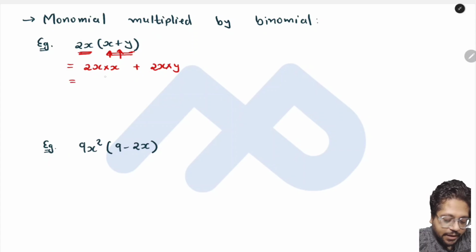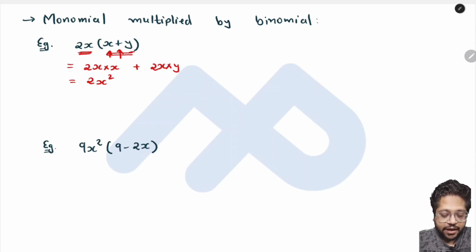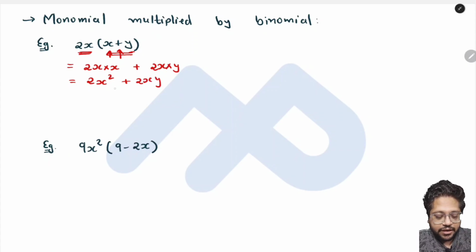Now 2x times x is nothing but 2x square, and similarly 2 times x times y is 2xy, and because they are not like terms, we cannot add them. Clear?